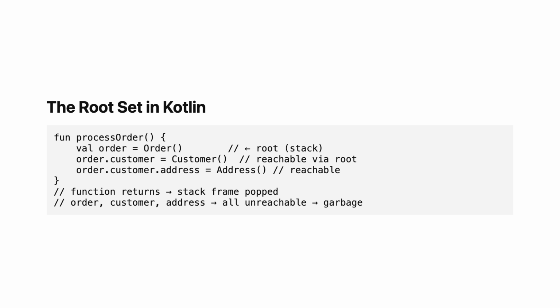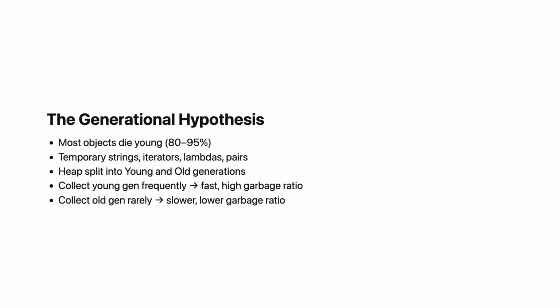It's garbage before the function returns. You create an iterator to walk through a list. It's dead the moment the loop ends. You create a pair to return two values. The caller destructures it, and the pair itself is never used again. Studies across decades of languages and applications consistently show that somewhere between 80 and 95% of all objects become garbage within microseconds of being created.